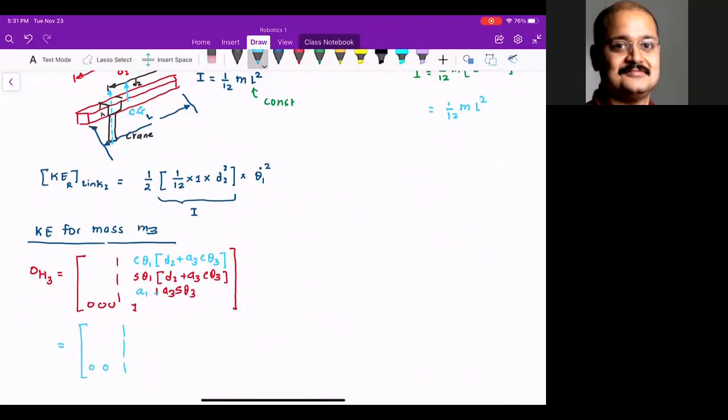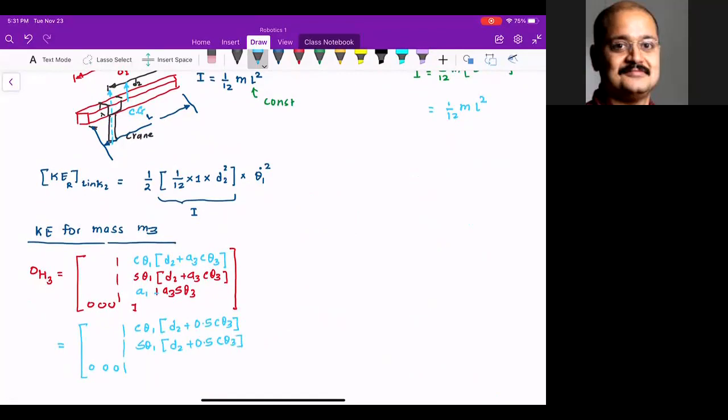Oh man, this problem is taking way too much time than I thought. Cosine theta 1. Do I need to substitute? D2 is a variable, so D2. A3 is 0.5, right? 0.5 cosine theta 3. Sine theta 1, D2 plus 0.5 cosine theta 3. And A1 is what?